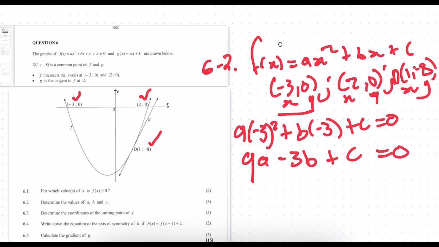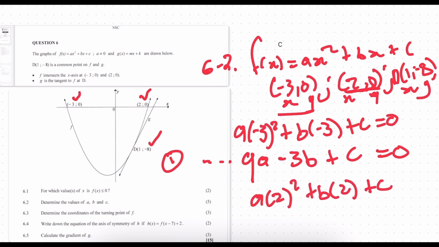Let's say this is your equation 1. What are you going to get if you plug in the x value 2? You'll get a times 2 squared plus b times 2 plus c equals 0. That means you'll have 4a plus 2b plus c equals 0.